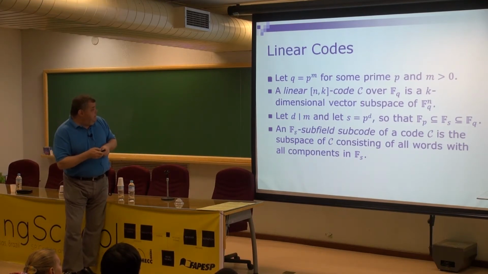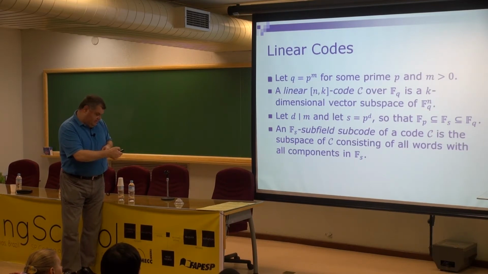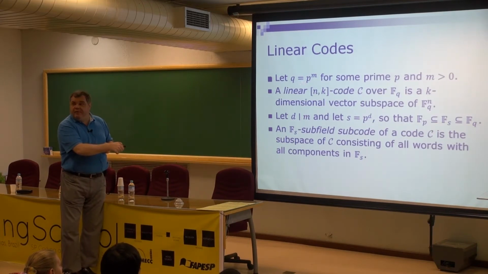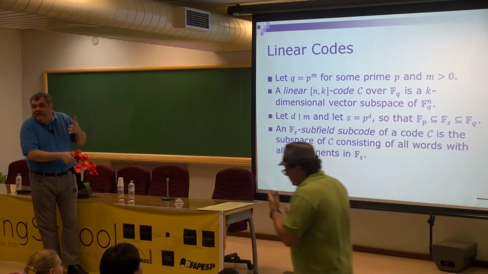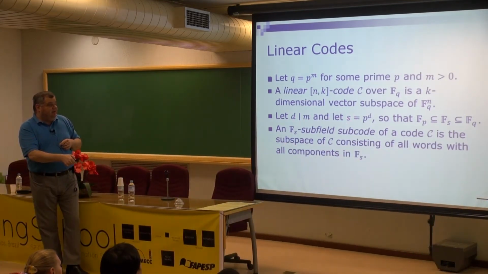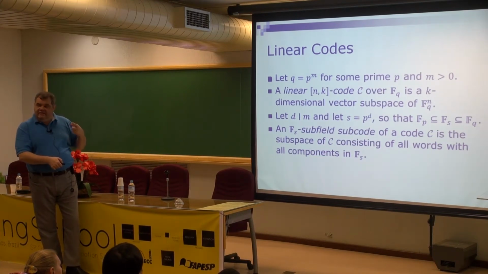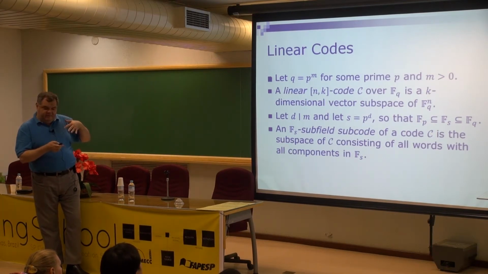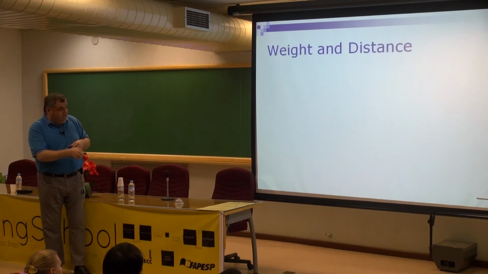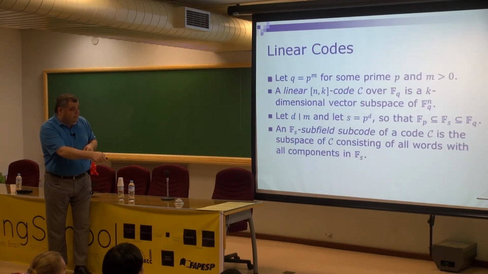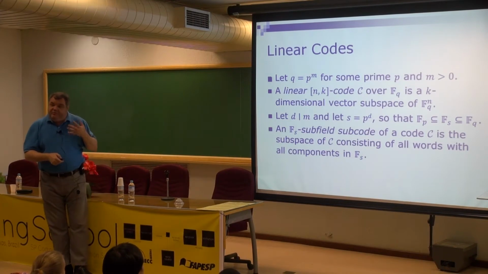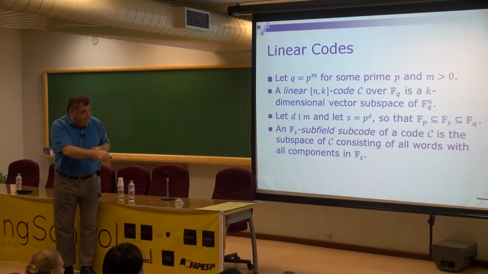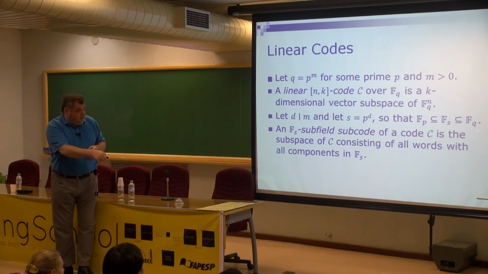Suppose that m is composite, p is a prime, q is a composite power of p, and d is any factor of m. So let s be defined as p^d. And so we have a sequence of properly contained finite fields: F_p is a finite subfield of F_s, which is a subfield of F_q.